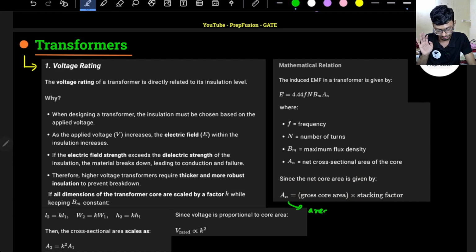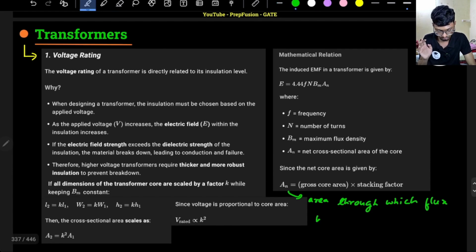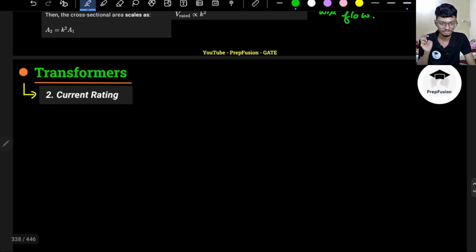Just the area through which flux will flow. That was about the voltage rating.